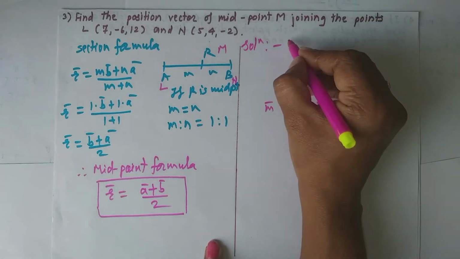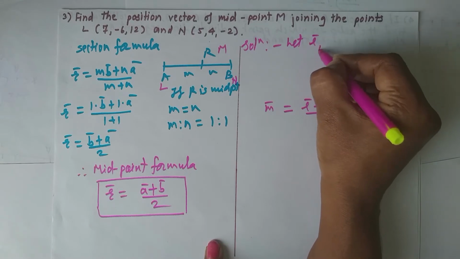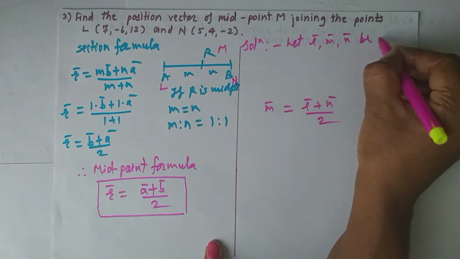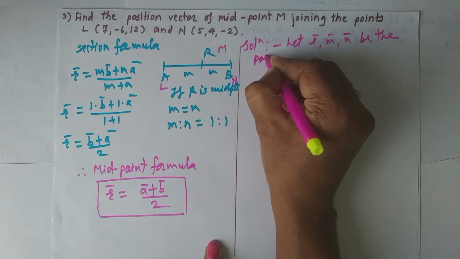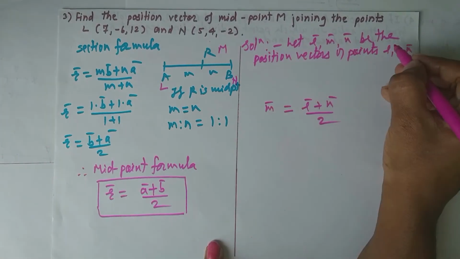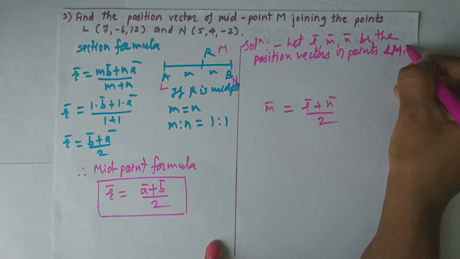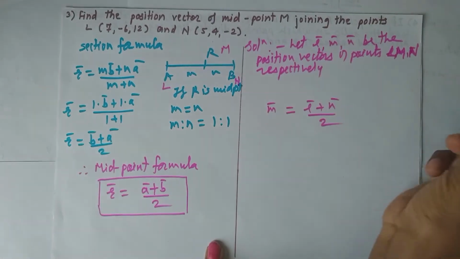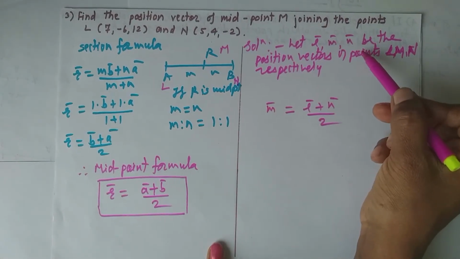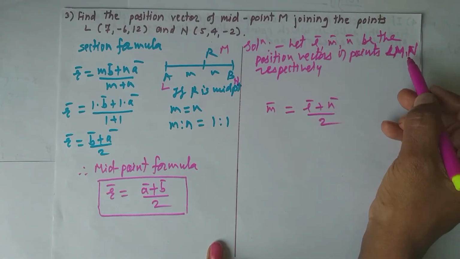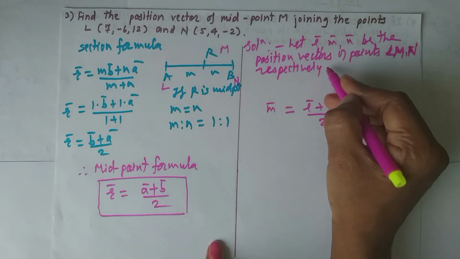Let L bar, M bar, N bar be the position vectors of points L, M, N respectively.